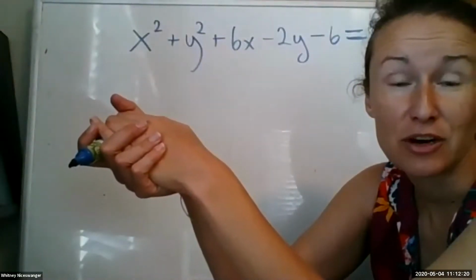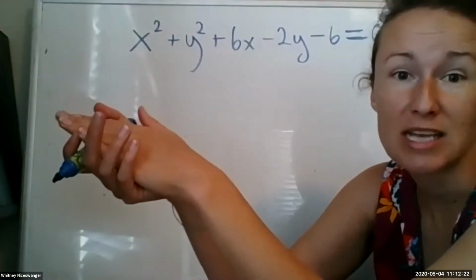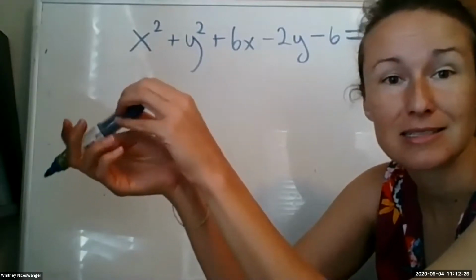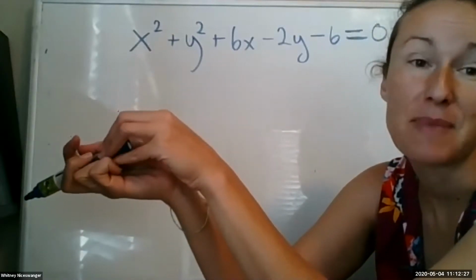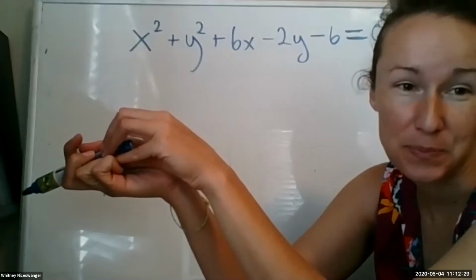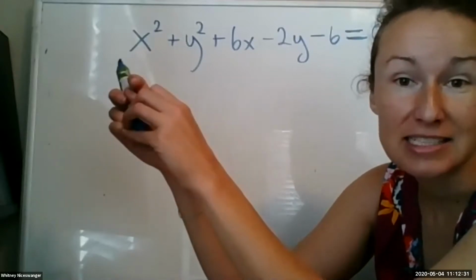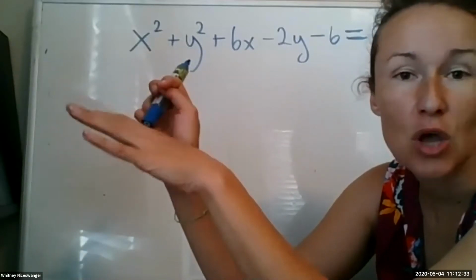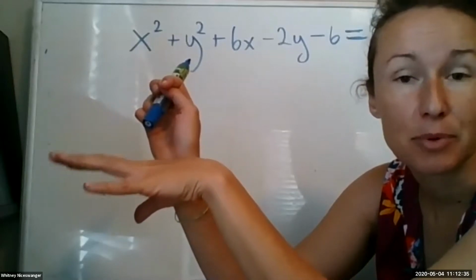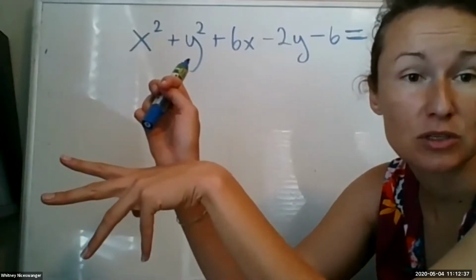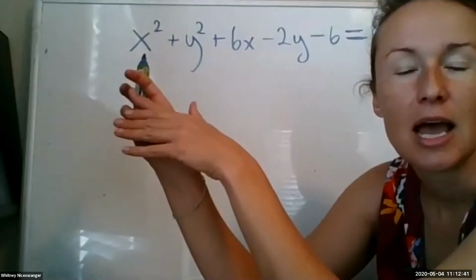Okay, so here we have our equation: x squared plus y squared plus 6x minus 2y minus 6 equals 0. X and y are squared, so we know we don't have a parabola. So it's got to be a circle or a hyperbola. We'll talk about those later.